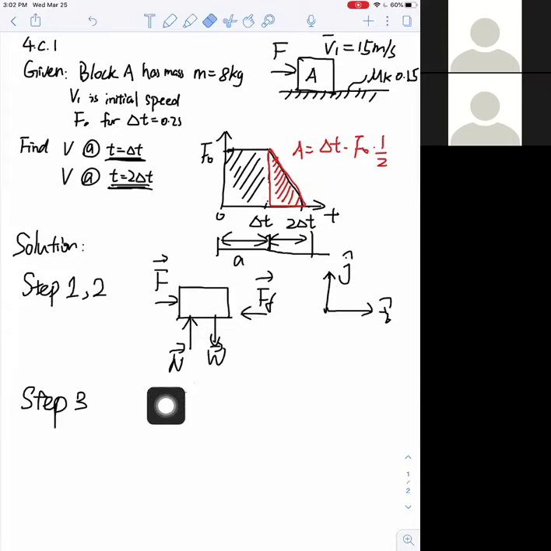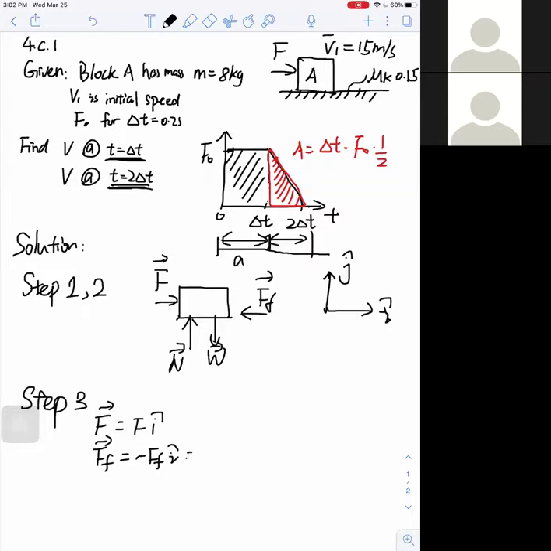And step 3 is we want to look at all the forces and write them in vector form. So let's just do that, and we're going to have force that is in the I direction, positive I, have friction force, it's negative I direction.